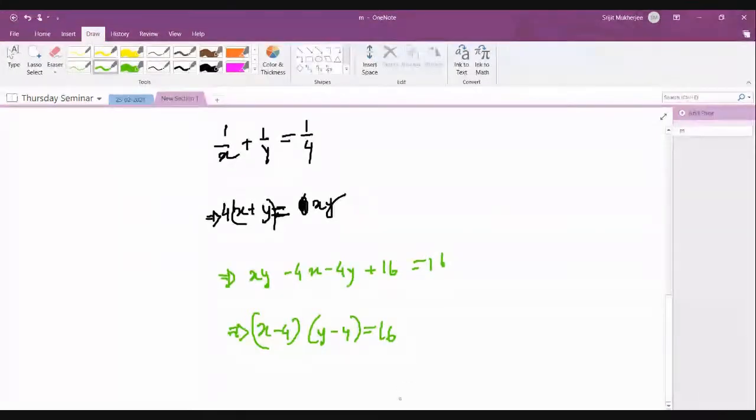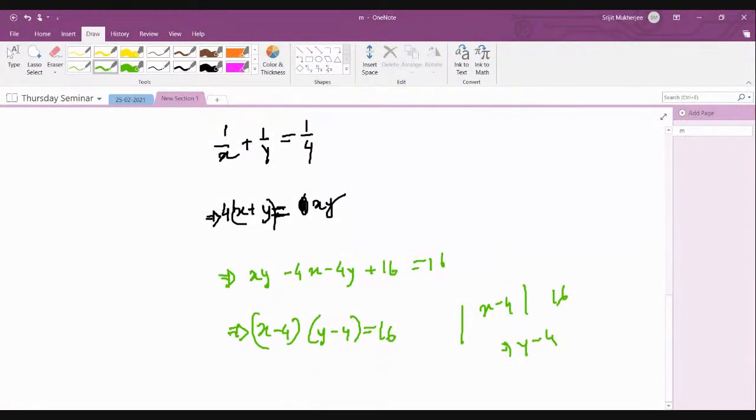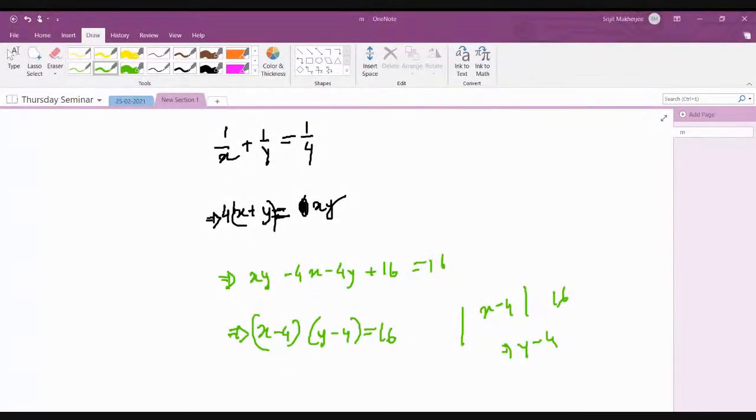So therefore you get the following: x minus 4 divides 16, and it implies that y minus 4 divides 16, as a divisor. Okay, so what do you get from here? So how do you do this generalized problem?